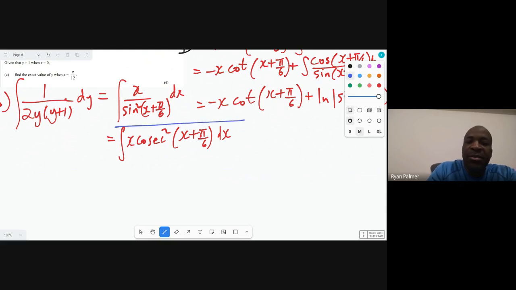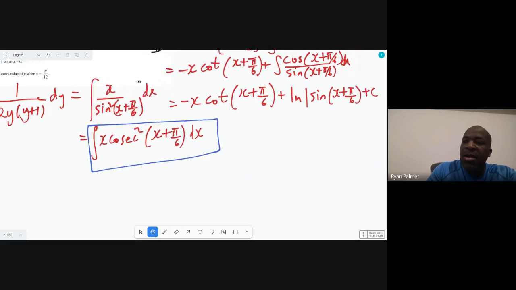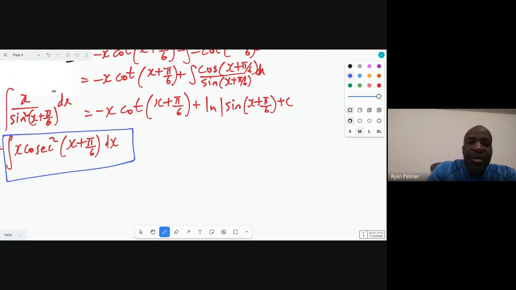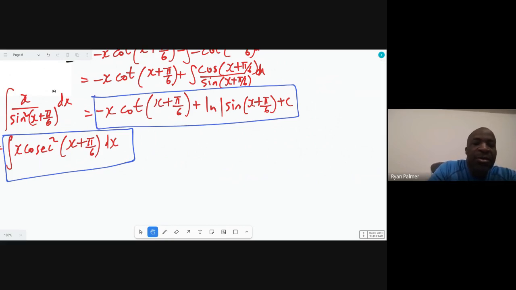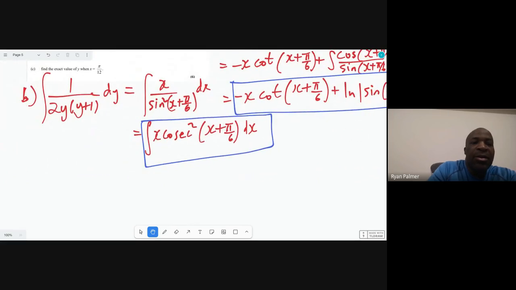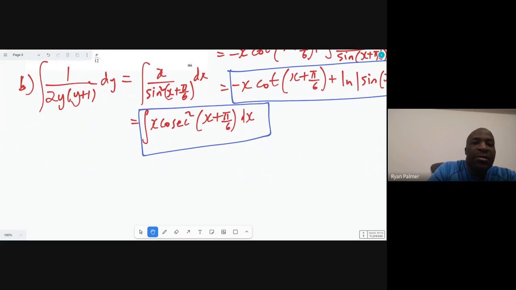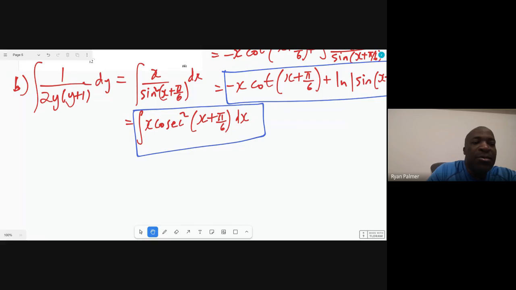This is the same as the answer that we have right here in part A. So what we need to now do is focus on the left-hand side. So we're going to look at 1 over 2y(y plus 1). In order to integrate that, we're going to use partial fractions.